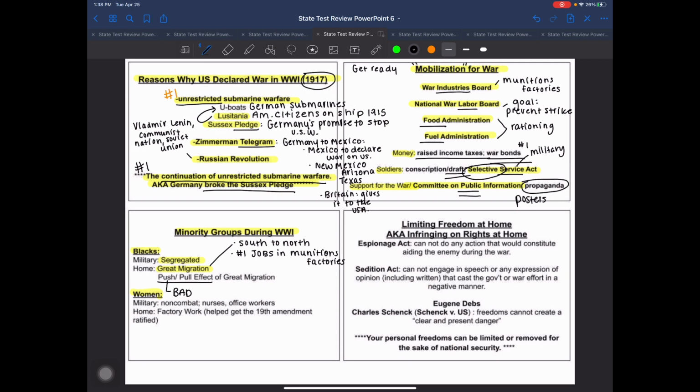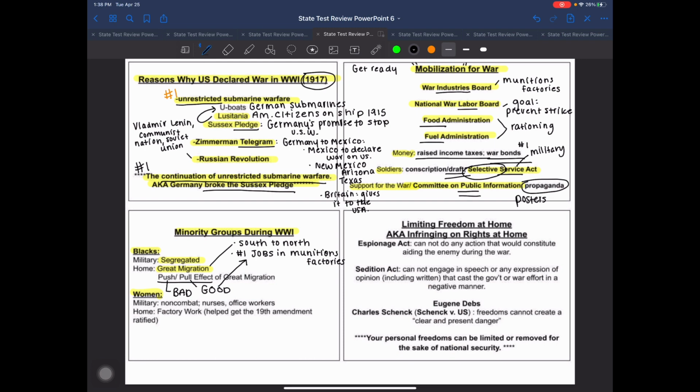Okay, and the pull is the good stuff that the North has to offer. The number one good thing, again, jobs in these munitions factories, less, and that is important to remember, less discrimination, less racism than what they are experiencing in the South. It's just flat out a better opportunity for them as blacks in northern cities.